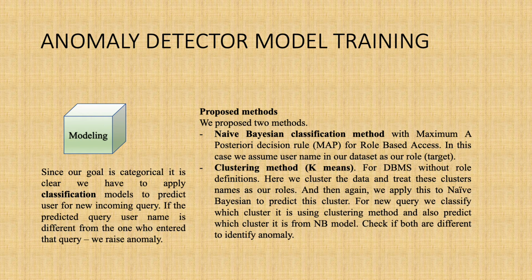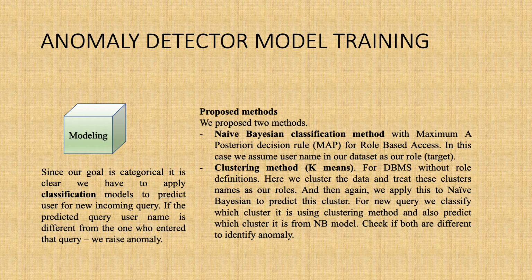As I already said, our target variable is the user information, our user role. This is a categorical variable, so we applied classification models. We proposed two phases of models: a naive Bayes classification method, and a clustering method followed by naive Bayes classification.